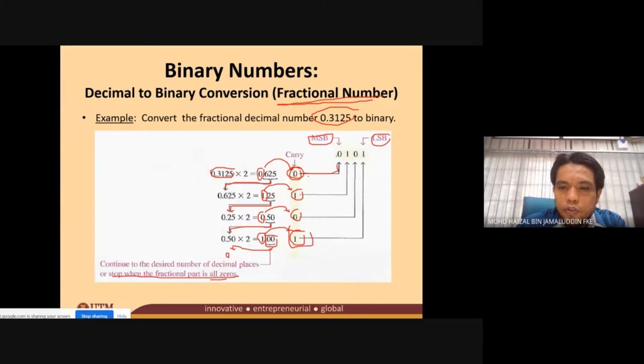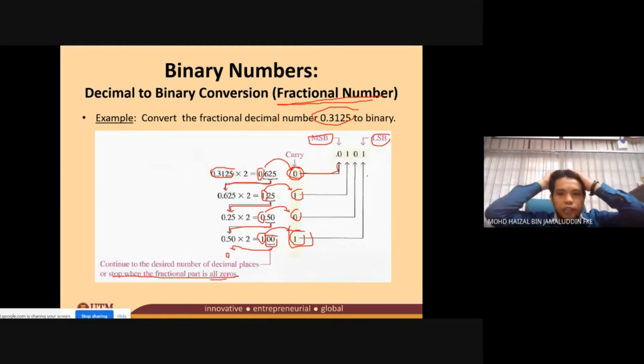So here the value is 0.0101. So compared to the whole number, the MSB is the last value that you calculated, while the LSB is the first value.